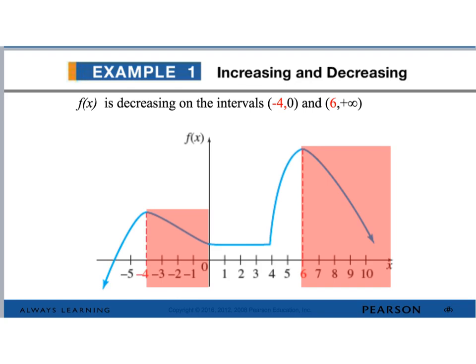Similarly, we're going to see that f of x is decreasing as x goes from -4 to 0. And we see that it is also decreasing as x goes from +6, and remember this is also approaching infinity, on the x scale.